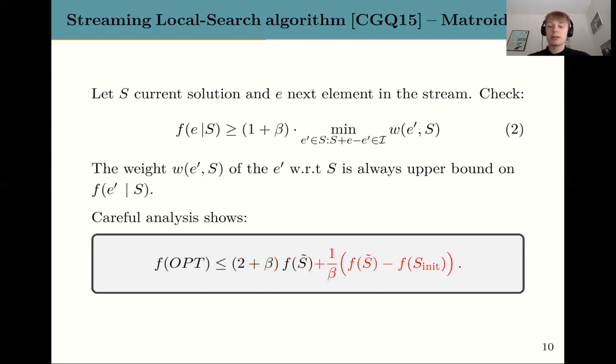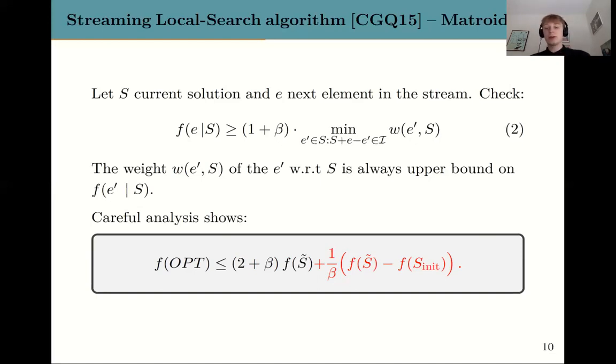What you can show is that this loss is 1 over beta times the value of your final solution minus the value of the solution you started with. And this is what you can improve upon. If you knew, for example, that in a pass your solution doesn't change, then this red side becomes 0 and you have a 2 plus beta approximation.